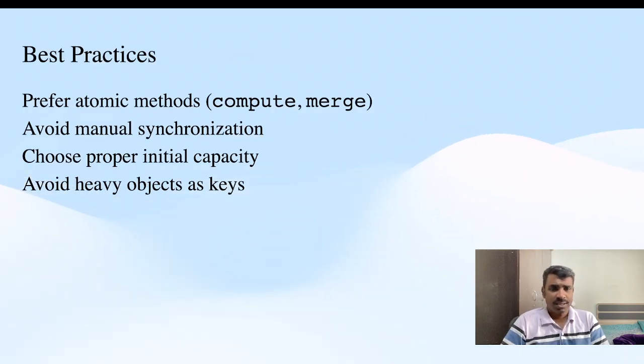Best practices: prefer atomic methods. If you are using ConcurrentHashMap, it is preferred to use atomic methods like compute, merge, putIfAbsent. Avoid manual synchronization; it is not required because ConcurrentHashMap is already synchronized. Choose a proper initial capacity, that is up to your requirement.